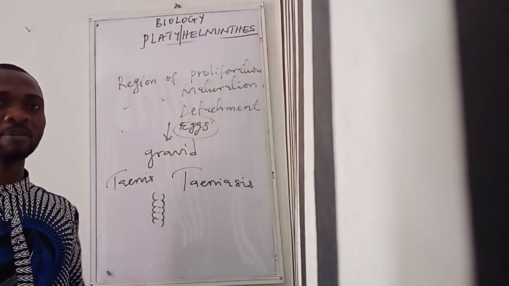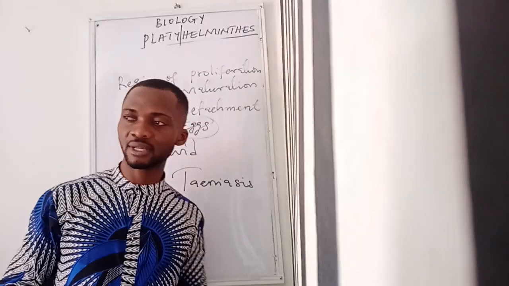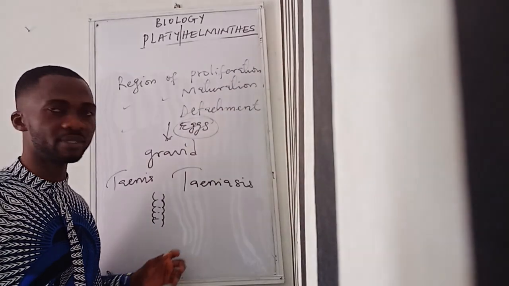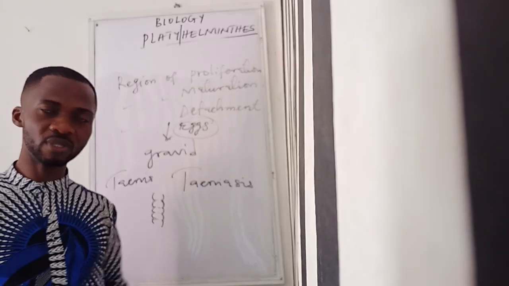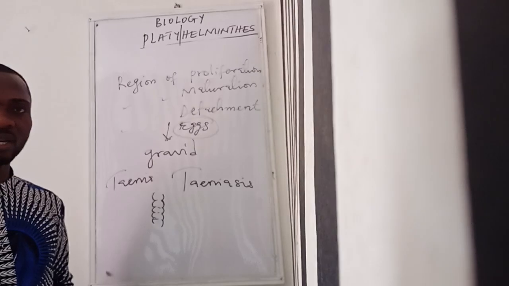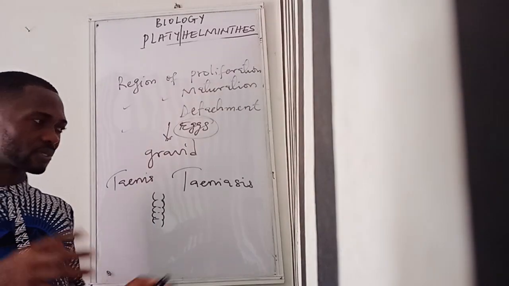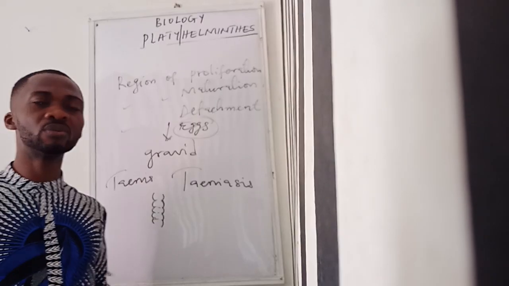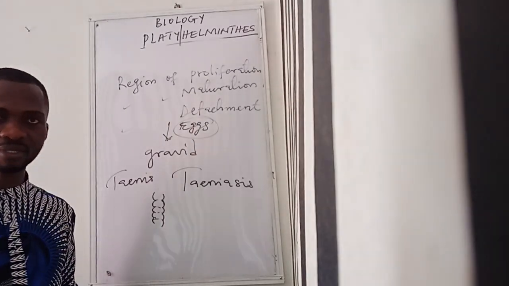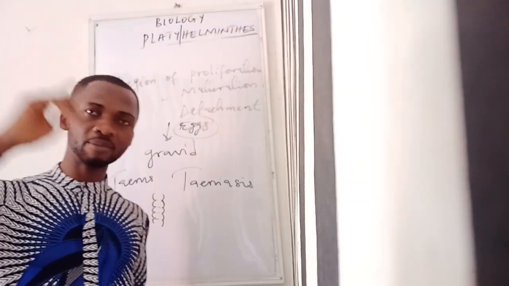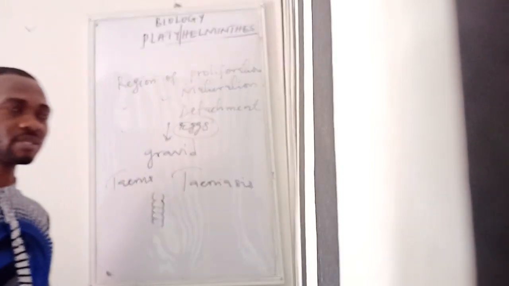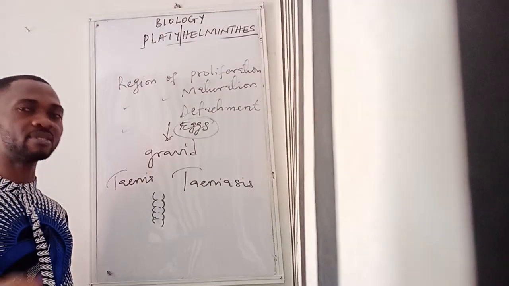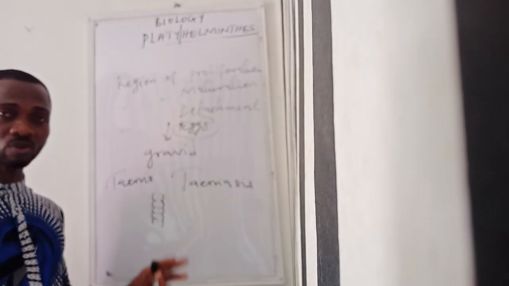Of course, you've heard about Taenia solium and saginata. So anybody who is suffering from this disease usually passes out the gravid segments within the feces. And of course, after a few hours, the segments are broken in such a way that the eggs are released, and the intermediate host picks it and eats it. The cycle continues.